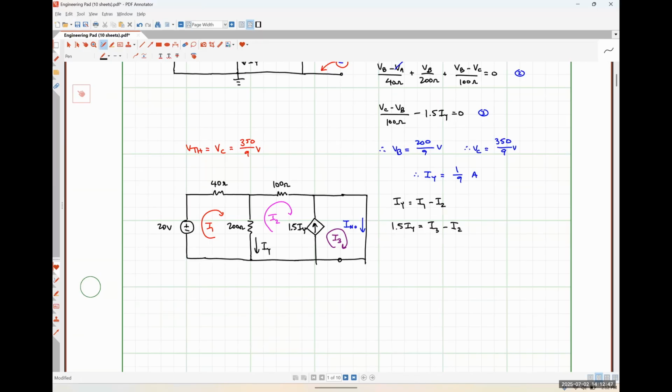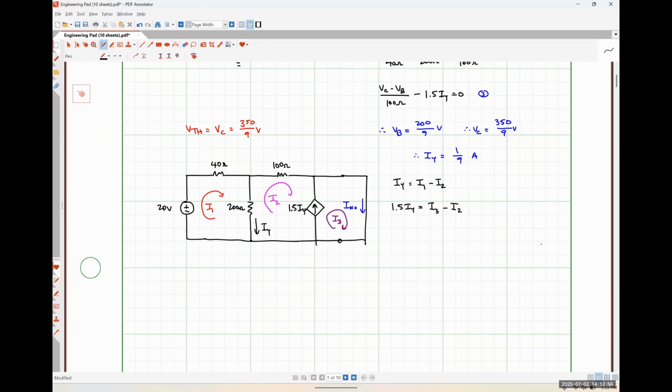And now we're going to have a KVL equation around mesh 1 and a KVL equation around supermesh 2, 3. So we're going to do the supermesh equation first. So that's going to look like 200 ohms times I2 minus I1 plus 100 ohms I2 is equal to 0.